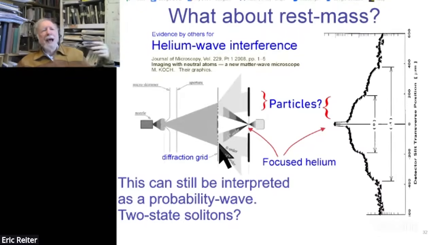But they've analyzed it ever since with the probability wave. This was a good experiment where they focus helium, but they also see a non-diffracted part, which is a signature of it not acting like a wave. You see it here. And they talk about that in this paper, that it's the particle component. There's a two-state solution.